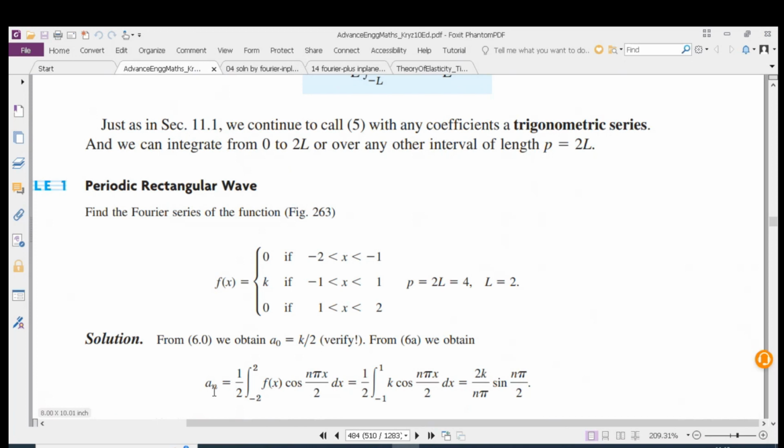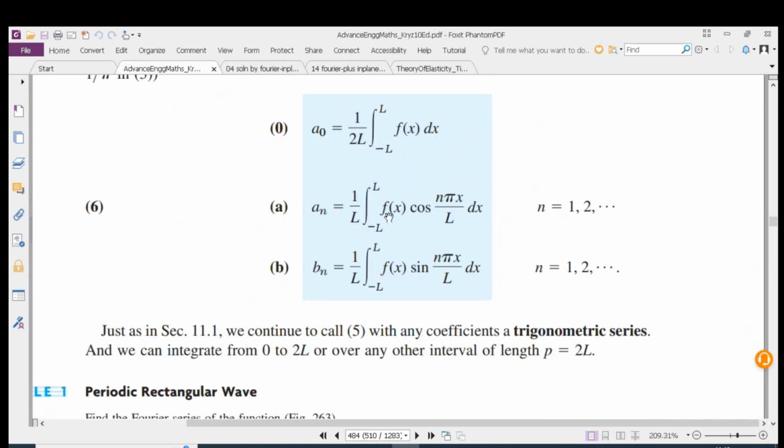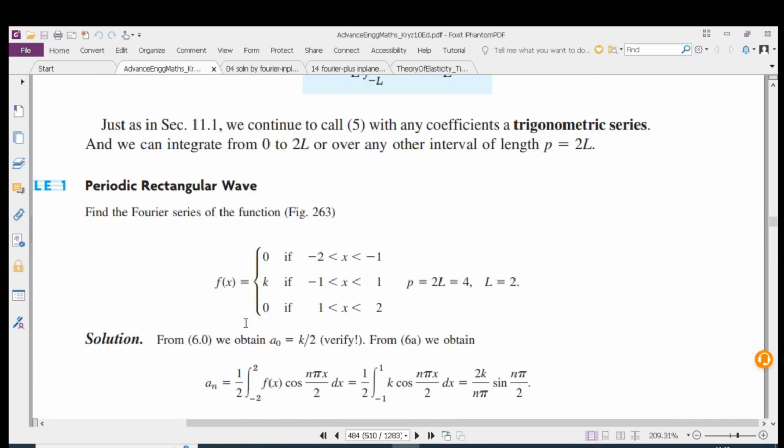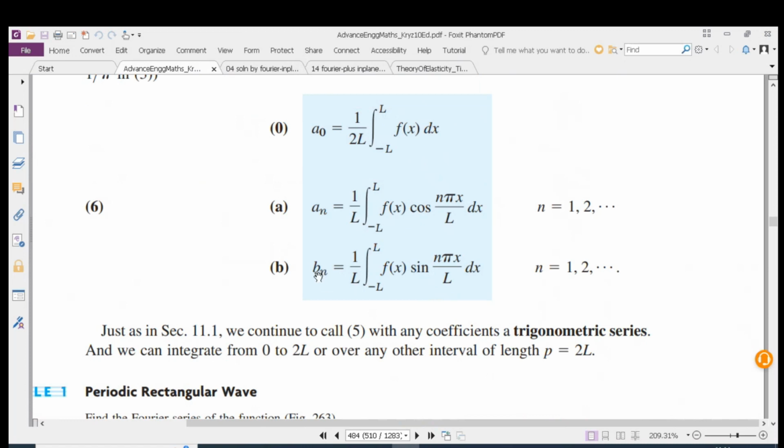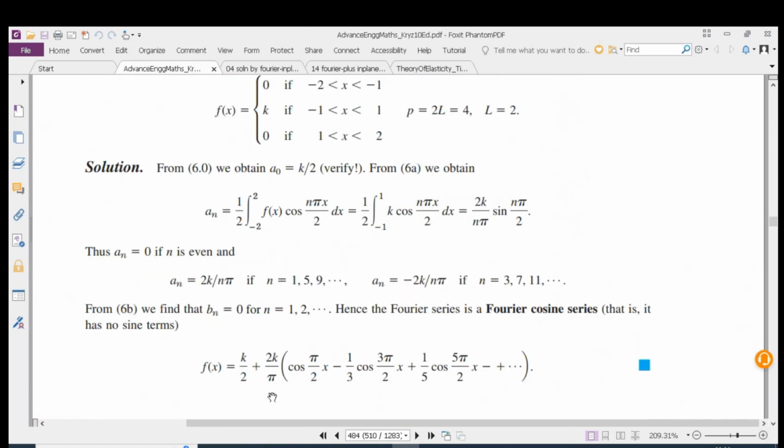Similarly, we can find our an by using this equation, and an comes out to be 2k by n pi sine n pi by 2. In a similar manner, we can find our bn, and we can write our equation f of x equal to k by 2 plus 2k by pi, small bracket, cos pi x by 2 minus 1 by 3 cos 3 pi x by 2 plus 1 by 5 cos 5 pi x by 2, and so on and so forth.